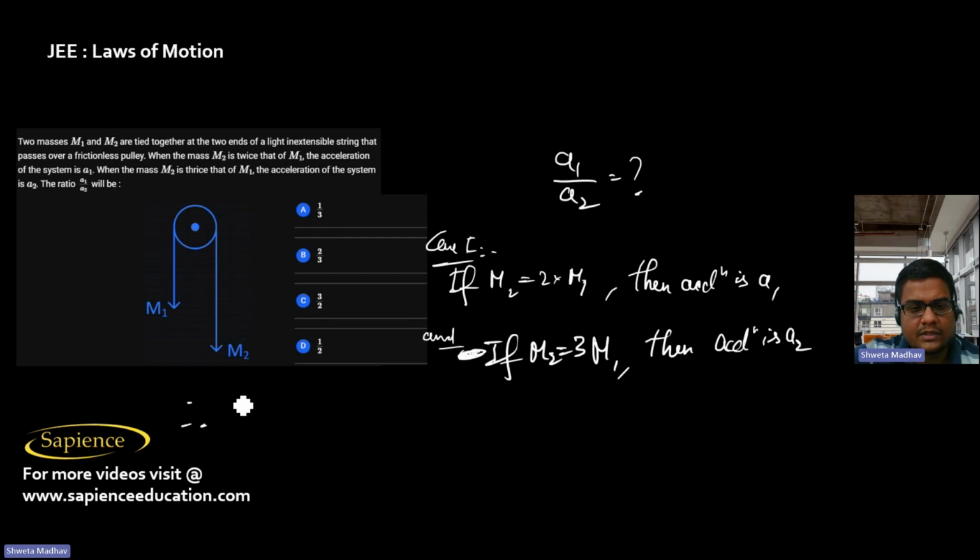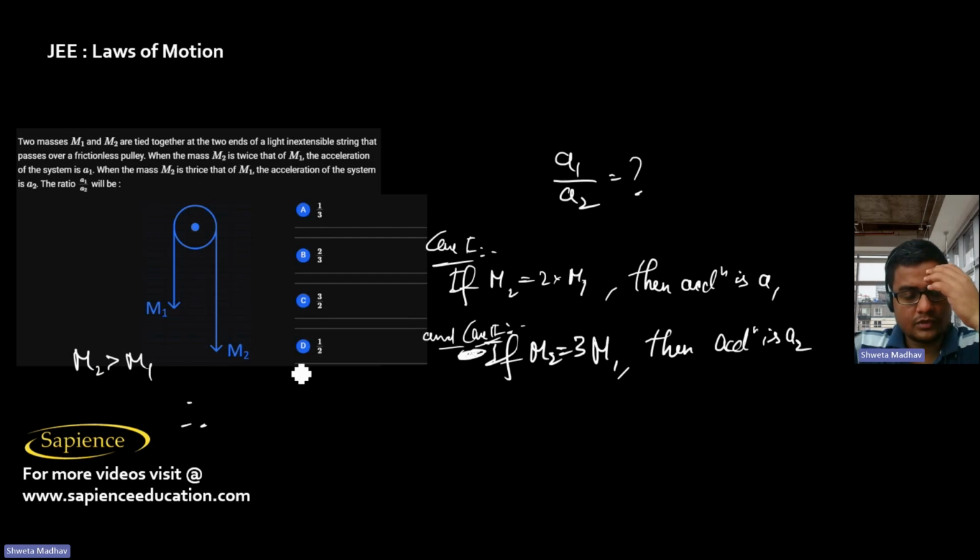In both cases m2 is more than m1, so the system will accelerate downwards on the right side and upwards on the left side, with the same acceleration.